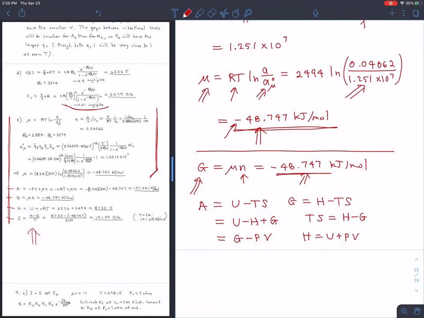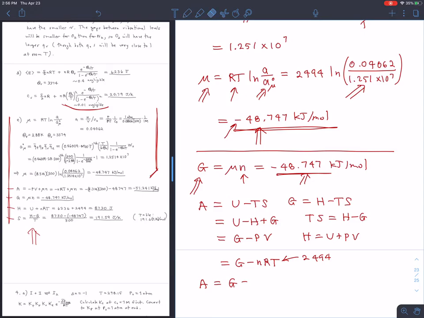And so, if we have G, PV is equal to nRT, so minus nRT here. And so A is just equal to G minus RT, which is 2494, and n is 1.